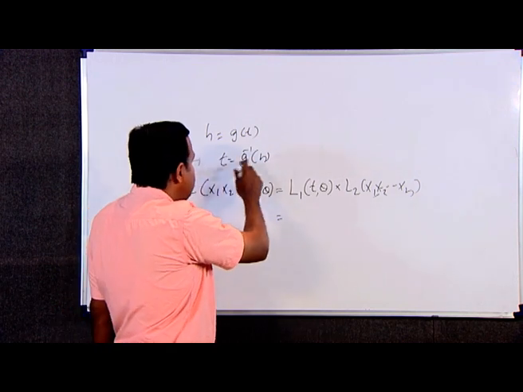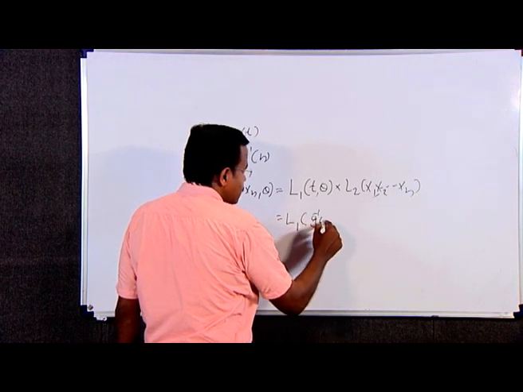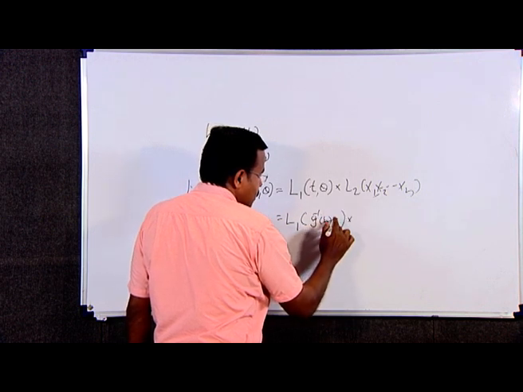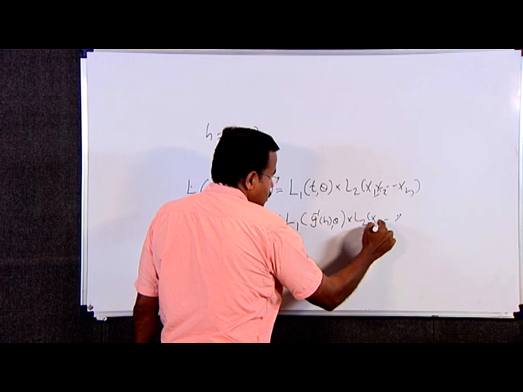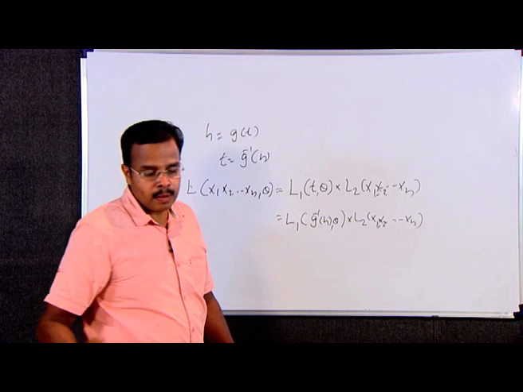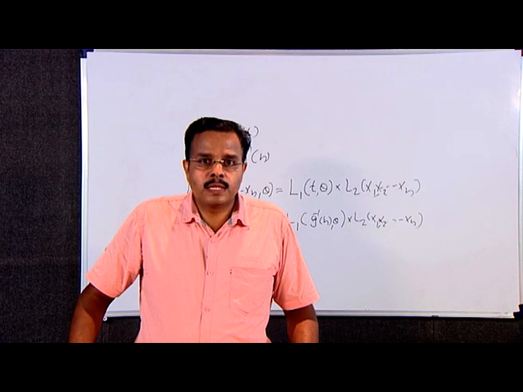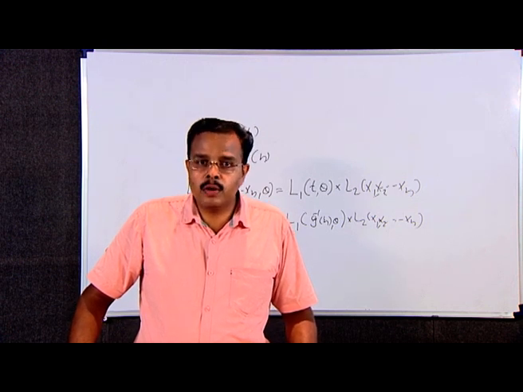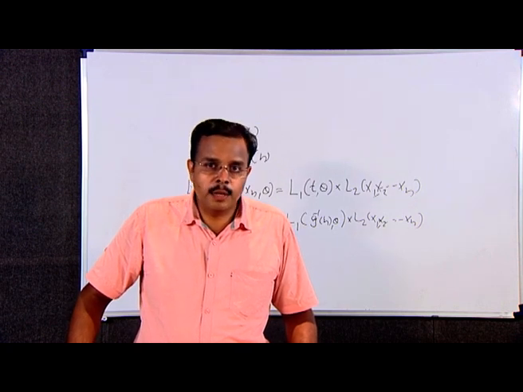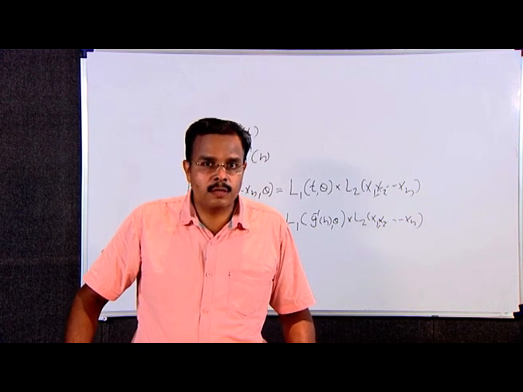Since t equal to g inverse of h, we can write it as L1 of g inverse of h, theta into L2 of x1, x2 etc. xn. Hence, L of x1, x2 etc. xn, theta is the product of a function of h and theta only and a function independent of theta. Then by the factorization theorem, h is also sufficient for theta.